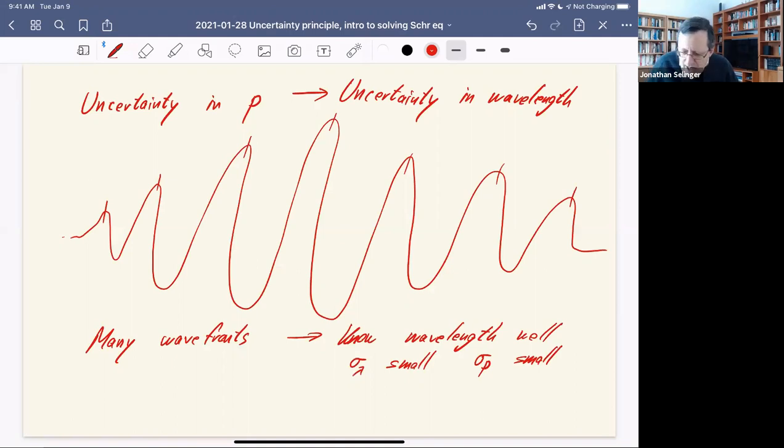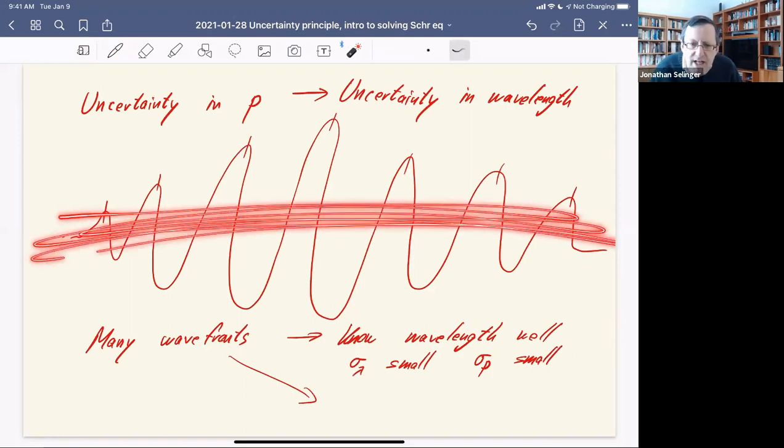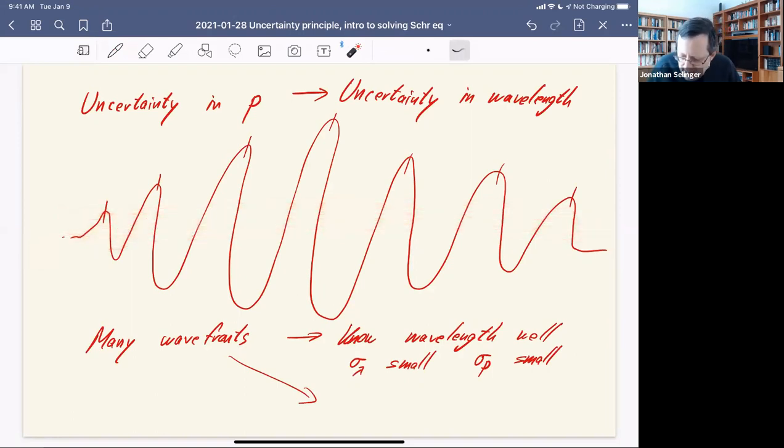But when you have many wavefronts, that means that the wave is pretty spread out over a big region. And so you don't know the position very well.